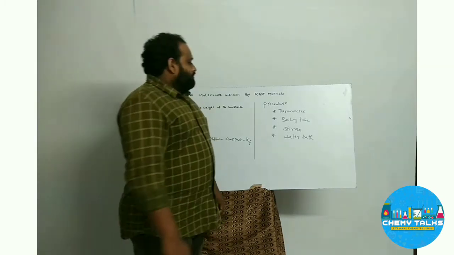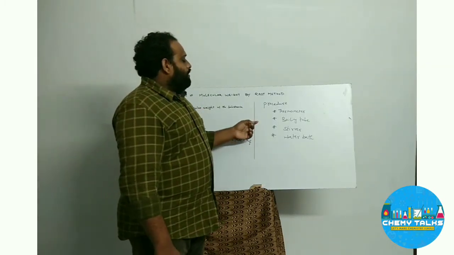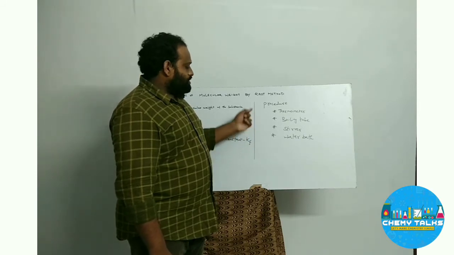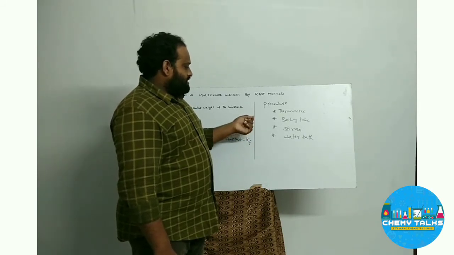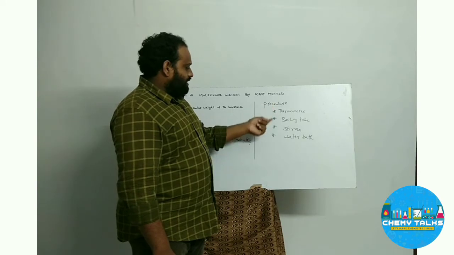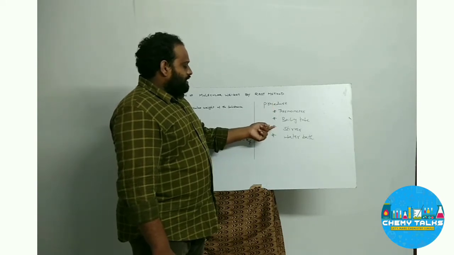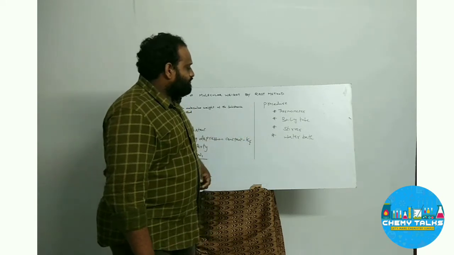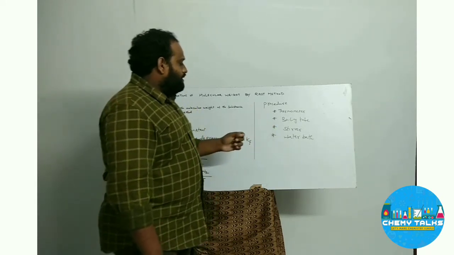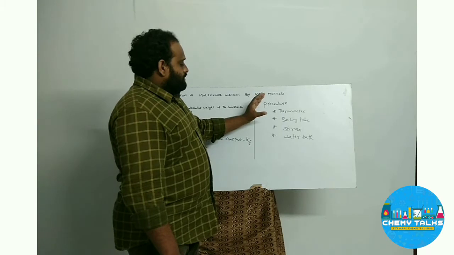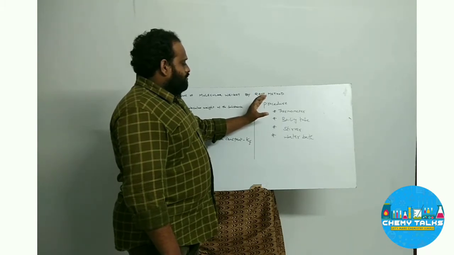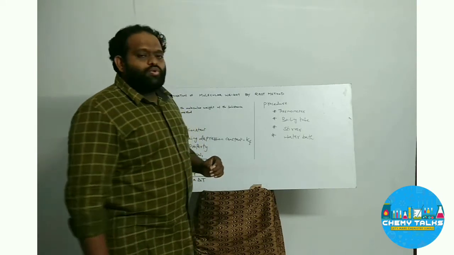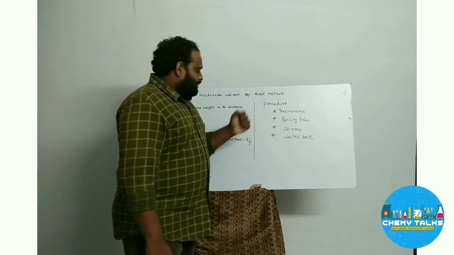Now, after the determination of the freezing point of the solvent, the solute is added to the solvent, it is fitted with the thermometer and a stirrer and heated up to its melting point. The melting point is noted and the boiling tube is removed from the water bath and allowed to cool at room temperature.